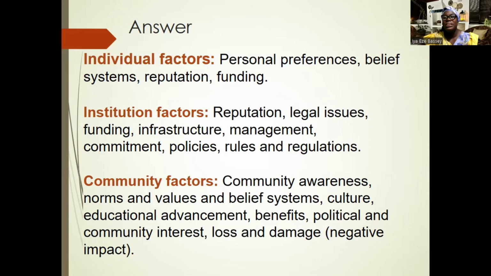It's personal preferences. Some people don't mind 100 people, 1,000 people dying to be able to get out what they think is important, while others don't. Your belief systems, your religion, what do you believe? What do you stand for? Your reputation as a researcher, as a teacher, as that thing.